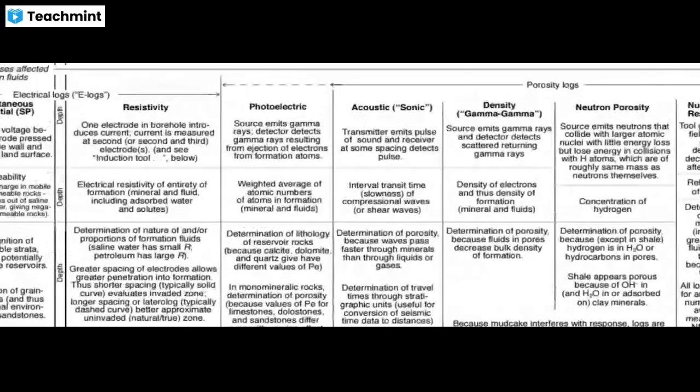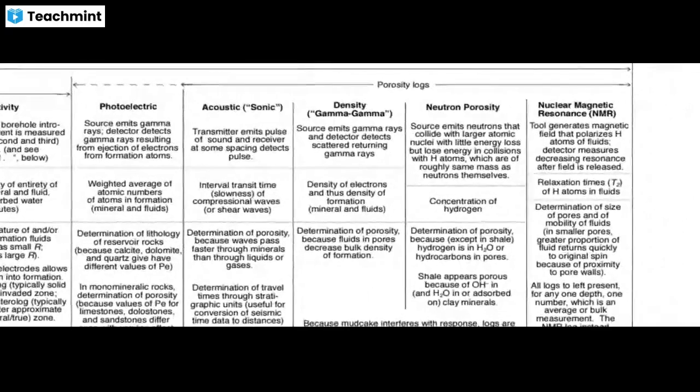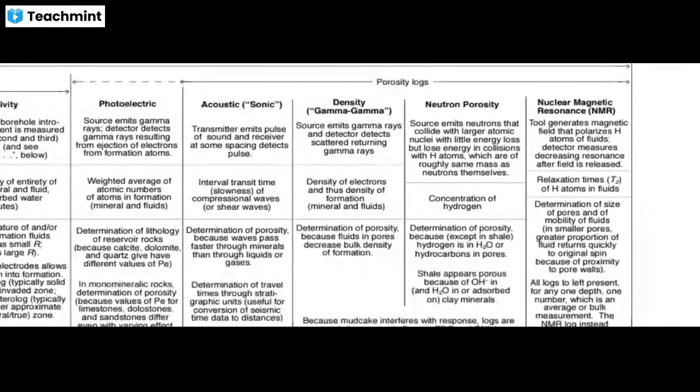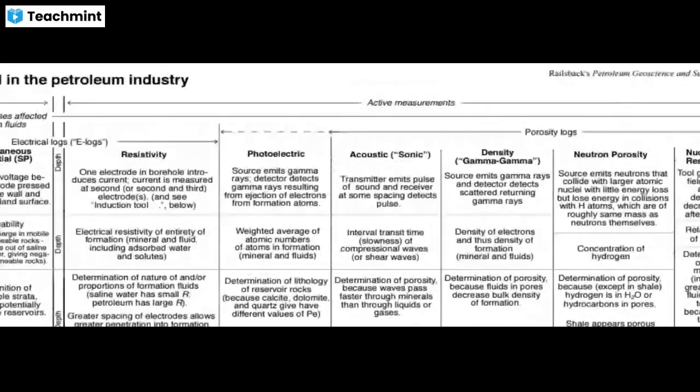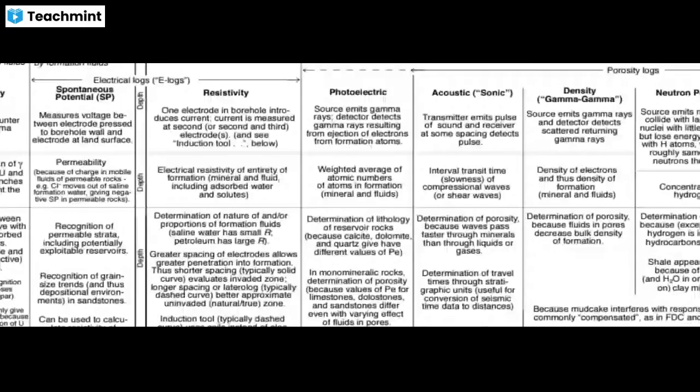For example, photoelectric, acoustic, density, the neutron porosity, then NMR, nuclear magnetic resonance logging. So you can see the porosity logs on the right hand side. What are the active measurements are also very clearly shown here.